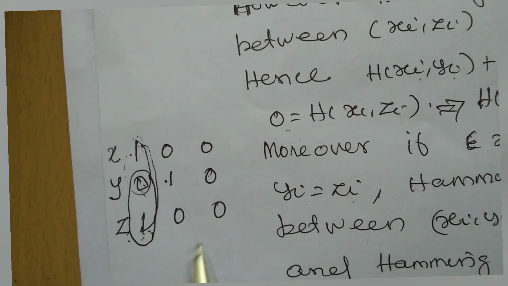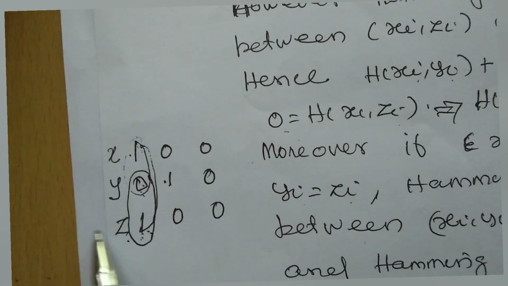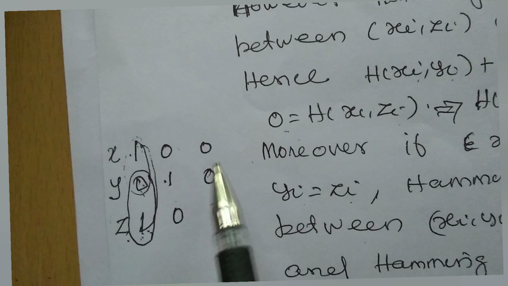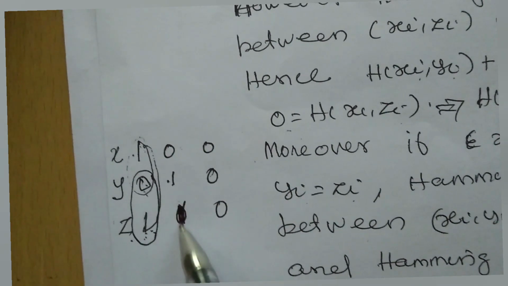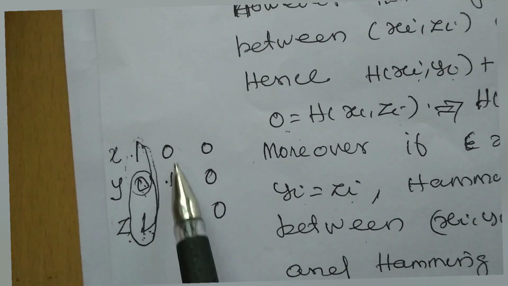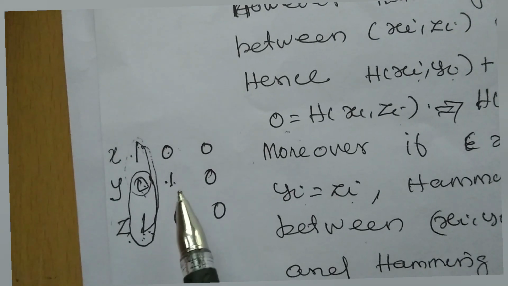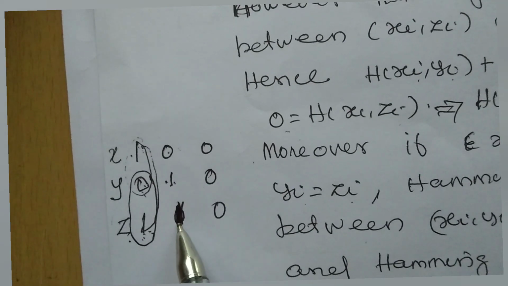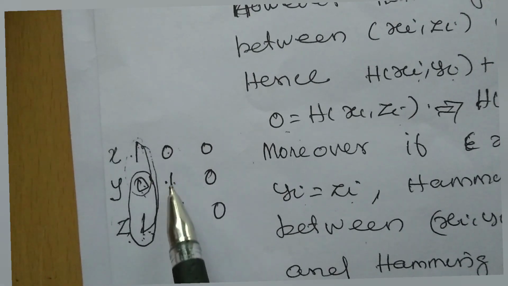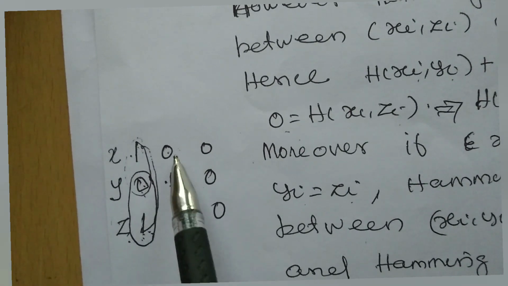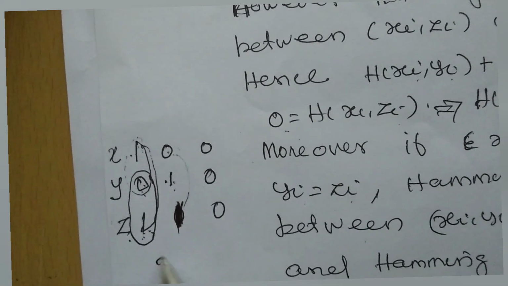Let us take this example here. We take xi not equal to yi and yi equal to zi, then xi is not equal to zi.